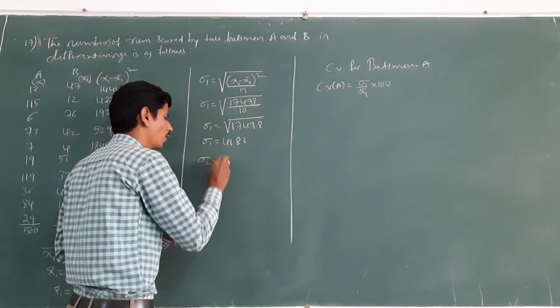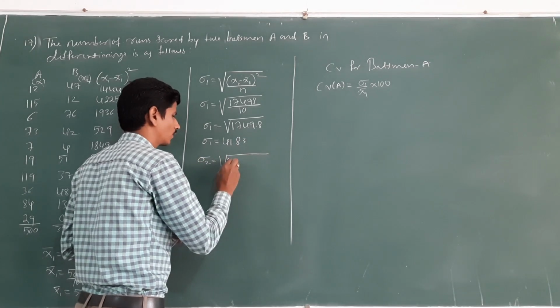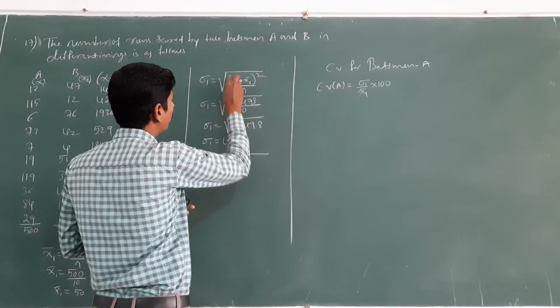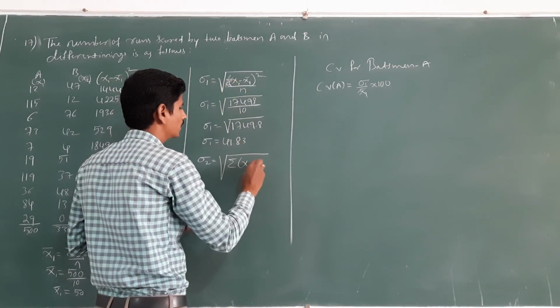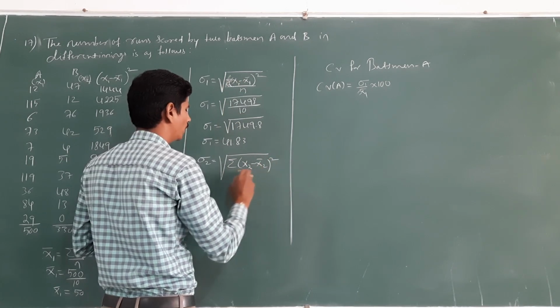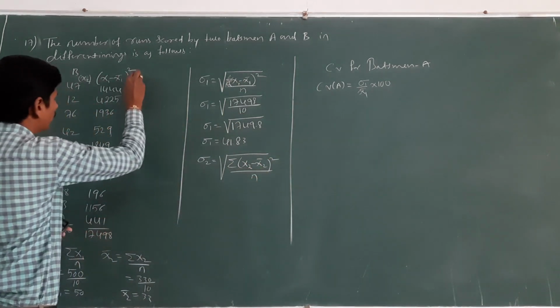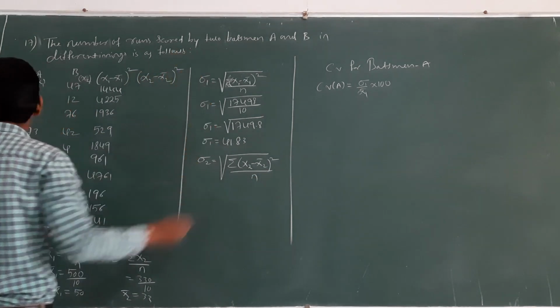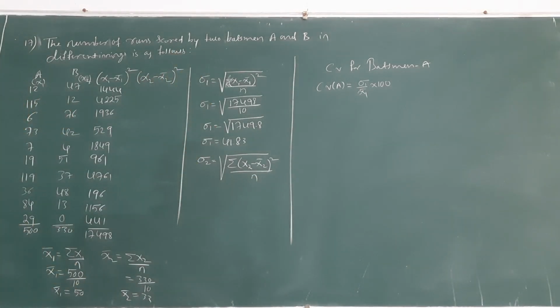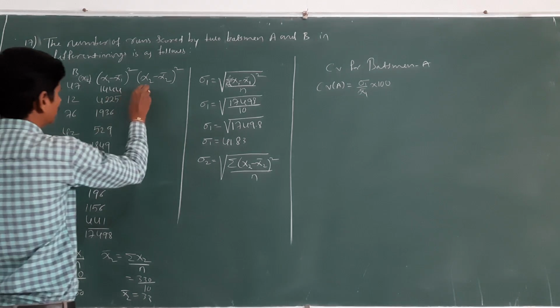Sigma 2 equal to under root of the sum of (x2 minus x2 bar) whole square by small n. Then next we have to calculate (x2 minus x2 bar) whole square. Here x2 values are 47. x2 bar is 33. 47 minus 33 is 14. 14 square is 196.